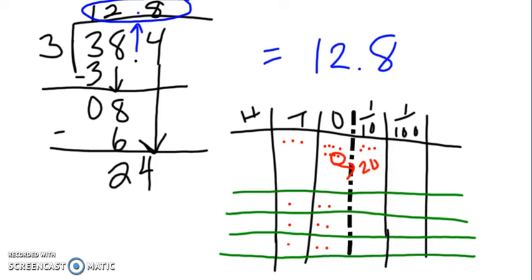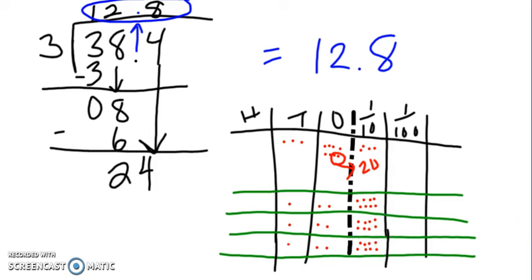So now I have 24 discs in my tenths place. I have 24 that I'm dividing into my 3 groups. I know that's going to give me 8 discs for each group. So I could go ahead and draw in those 8 discs for each group. And then I would have used up all 24.